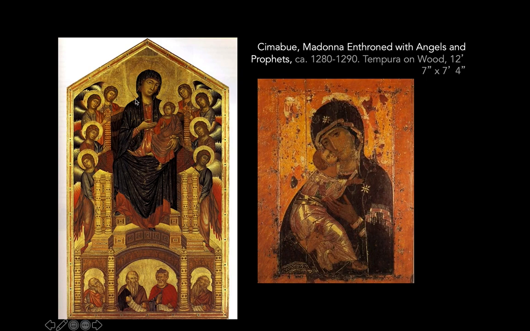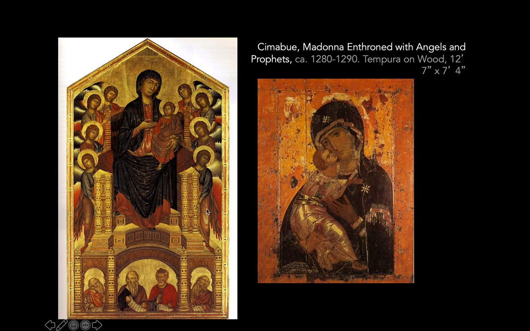But even Cimabue is starting to do some different things. You do get a little bit more of a sense of drapery, of body, of embodiedness from the figure of the Virgin Mary. And you'll notice she's enthroned, she's in this seat, and it's a bit concave. You're getting a little bit of depth.